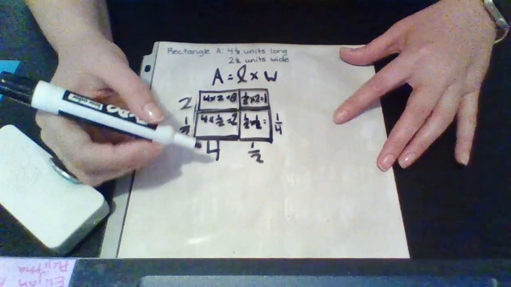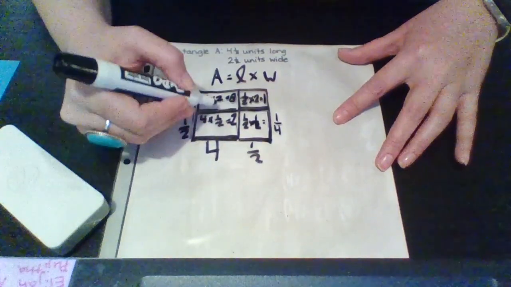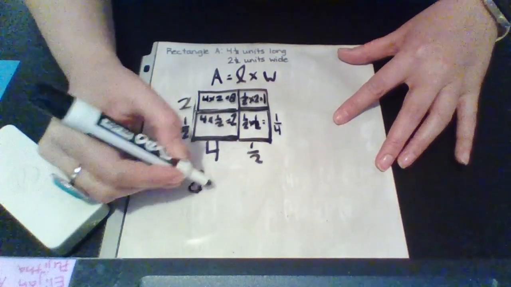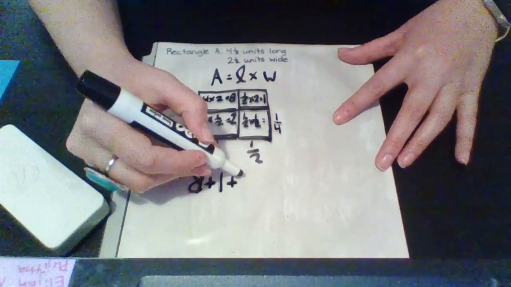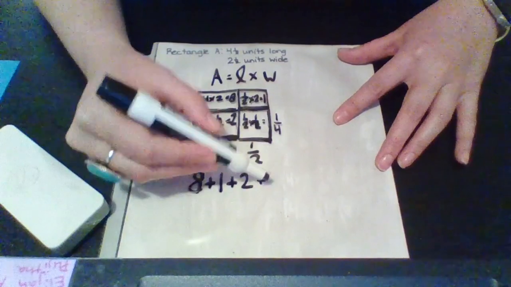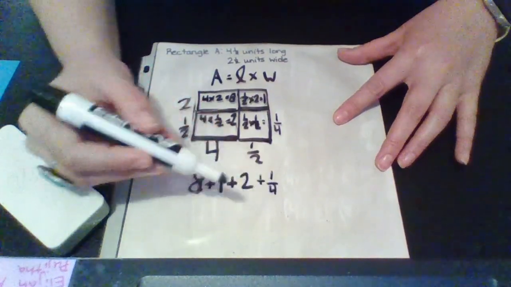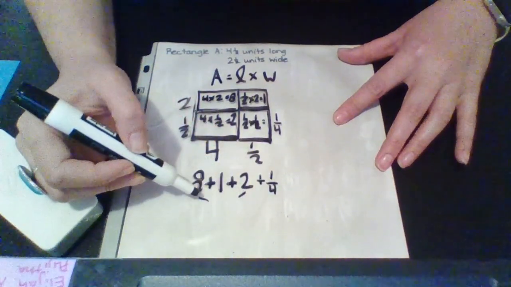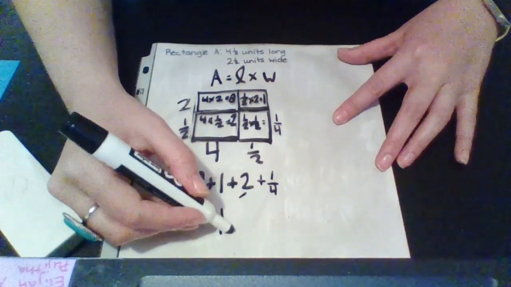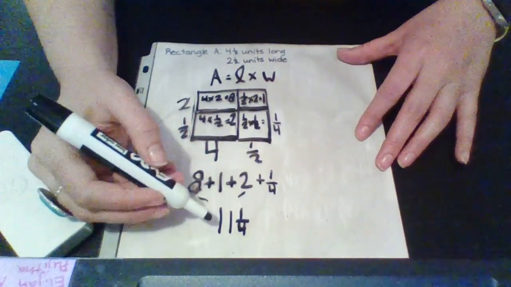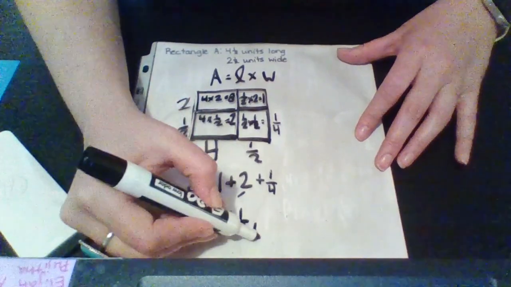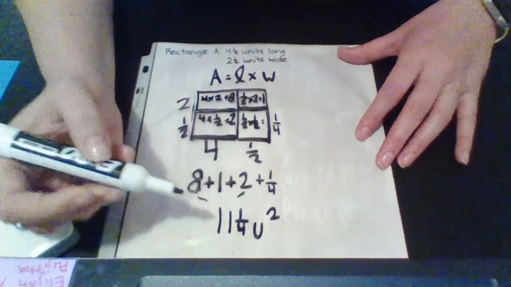So now the next part, then we have to put them back together. Take all of our partial products, 8 plus 1 plus 2 plus my 1/4. And I'm going to put 8 and 2 together to get 10 plus 1 more, which is 11 and 1/4. So I have a total area of 11 and 1/4 units squared.